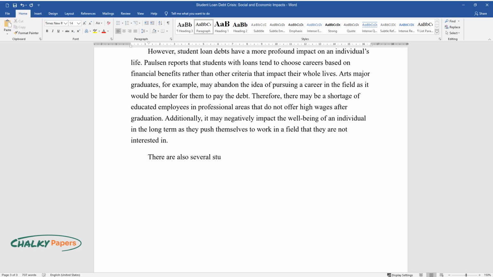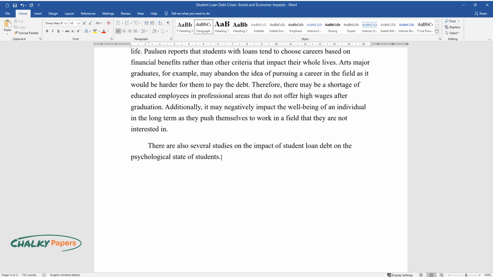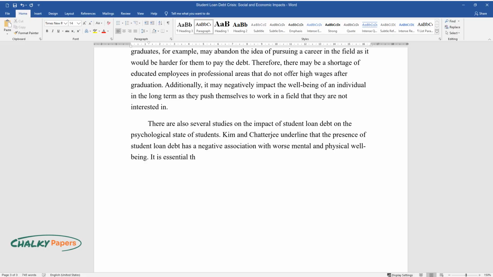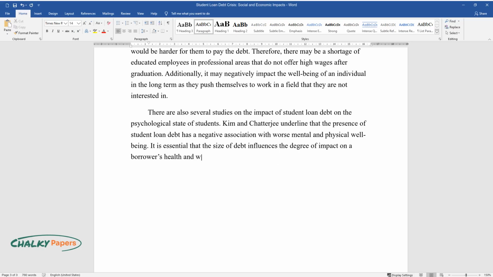There are also several studies on the impact of student loan debt on the psychological state of students. Kim and Chatterjee underline that the presence of student loan debt has a negative association with worse mental and physical well-being. It is essential that the size of debt influences the degree of impact on a borrower's health and well-being.